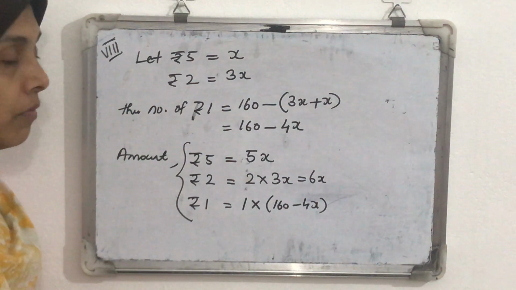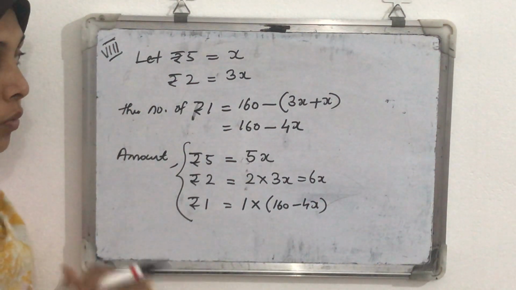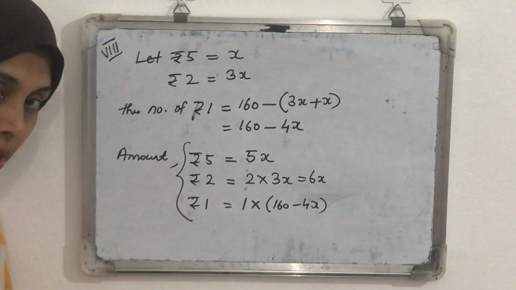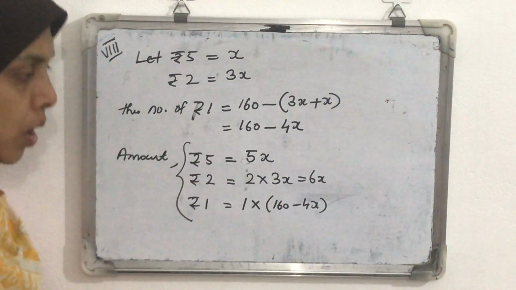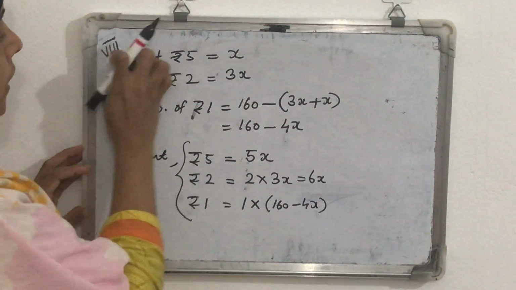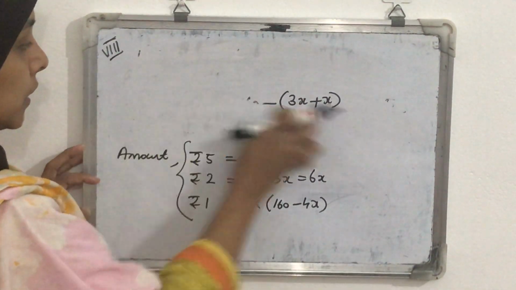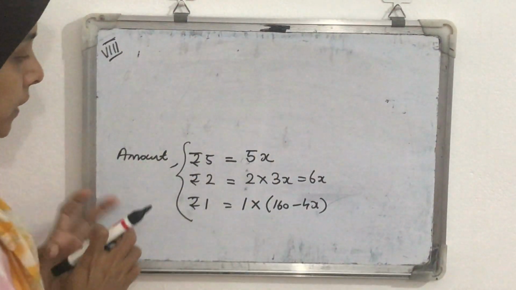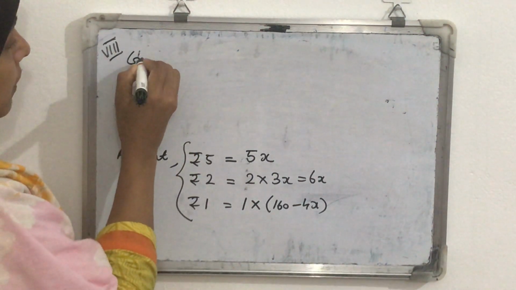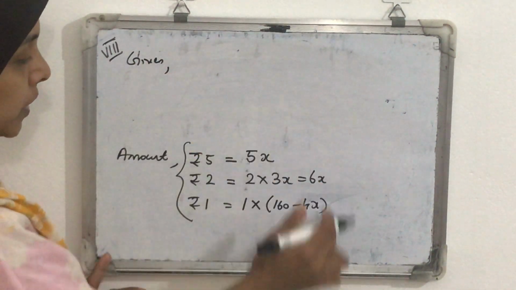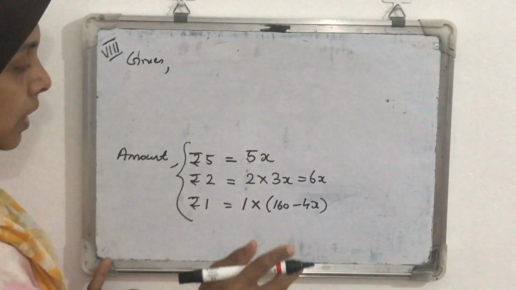Then again, we know the total rupees we have. I have how much? 300 rupees. So how can we form the equation? Just like yesterday's first question we solved. What is given? The total amount is 300 rupees.